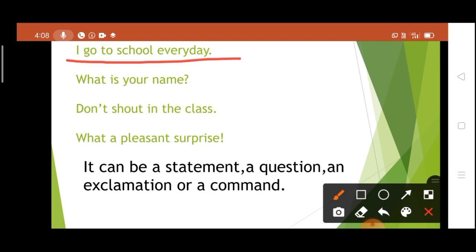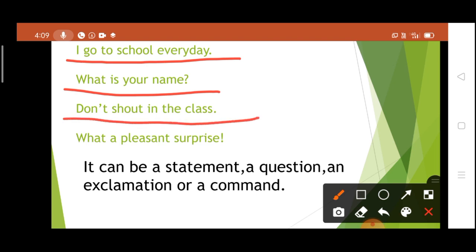So this can also be called a sentence. "Don't shout in the class." Suppose I give you a command, an order, that don't shout in the class. This can also be understood by everyone, and this group of words is called a sentence.